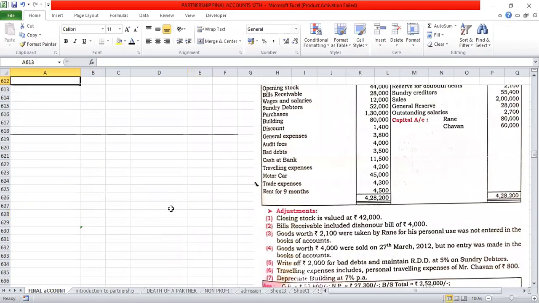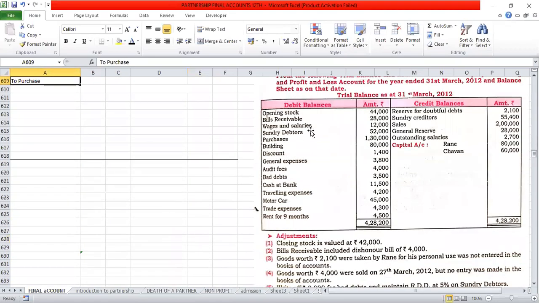after bill receivable, what do I have in the trial balance? All of you able to see the question? Yes, sir. Wages and salary. The next item in the trial balance is wages and salaries.